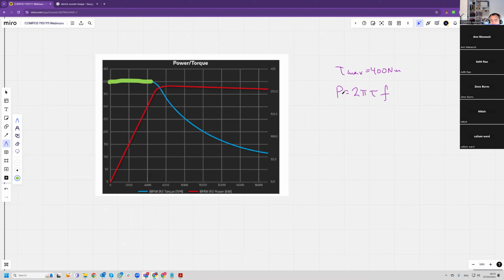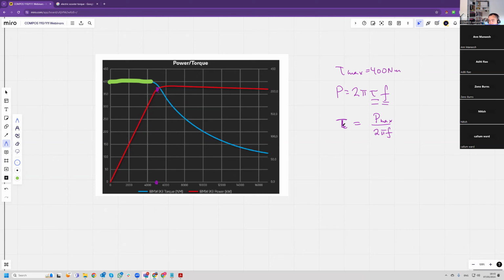But once you reach maximum power, because power depends on torque and frequency, right? Once you reach the frequency at which you have maximum power, the power stops increasing, like the power levels off. So we have torque is now equal to power divided by 2 pi times frequency.